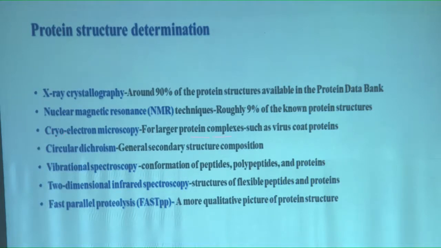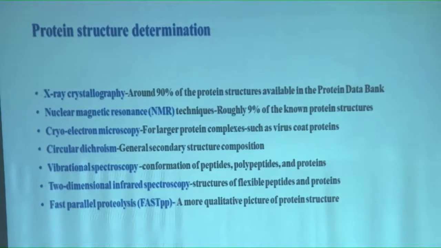The next common way is nuclear magnetic resonance, what we call NMR. So you can say 90% by X-ray crystallography and 9% by NMR, and very few, less than 1%, by other methods. What are the other methods? One of the new methods is cryo-electron microscopy.